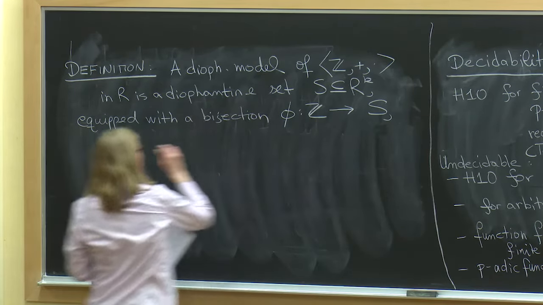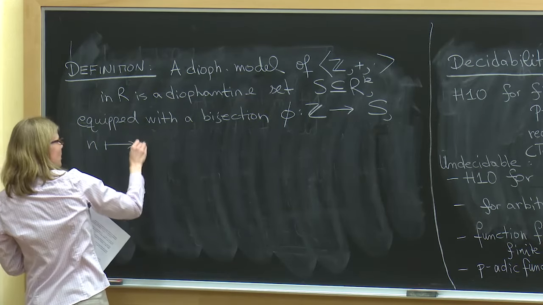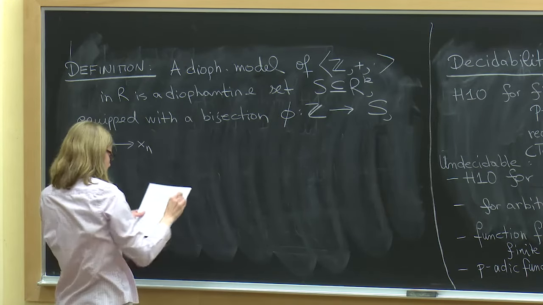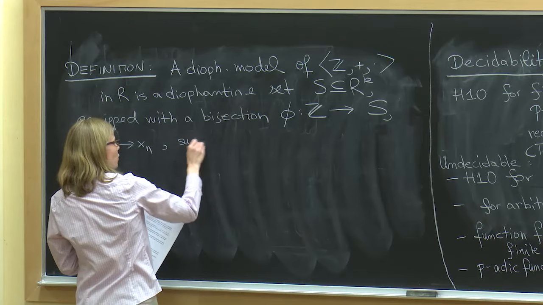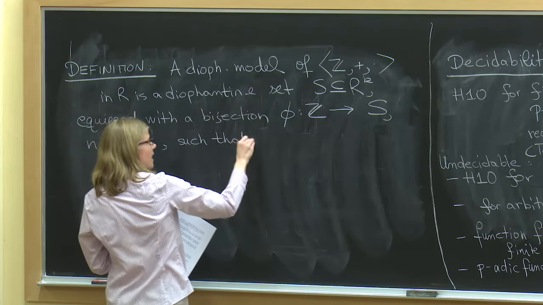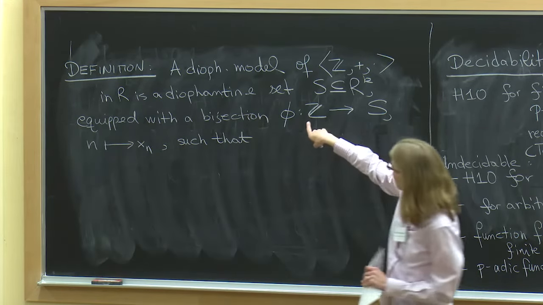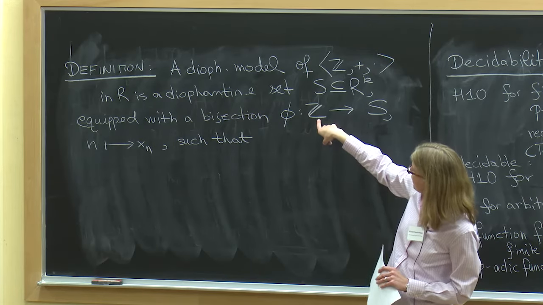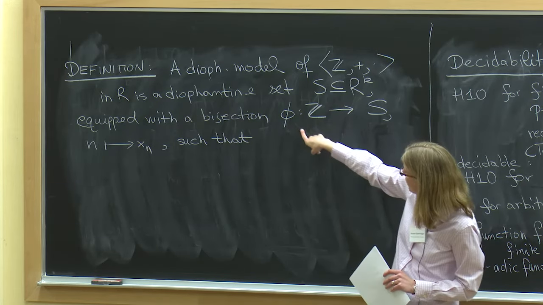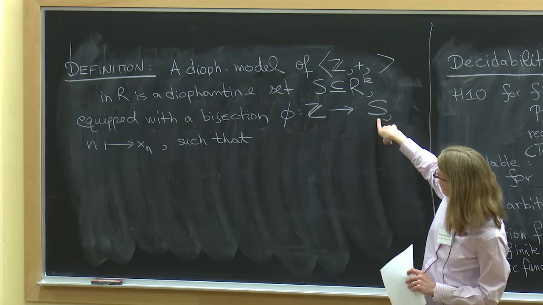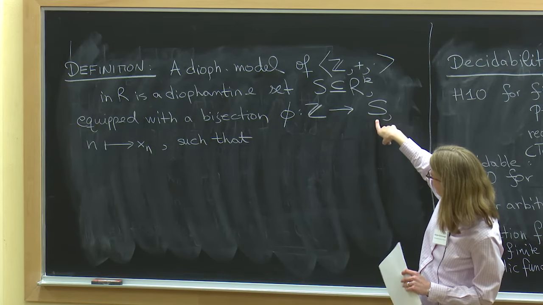There's some map that sends an integer n to some element x_n in the set. And then we want the addition law that we have on Z and the multiplication law to get transferred under phi to addition and multiplication on the set S, some induced law.